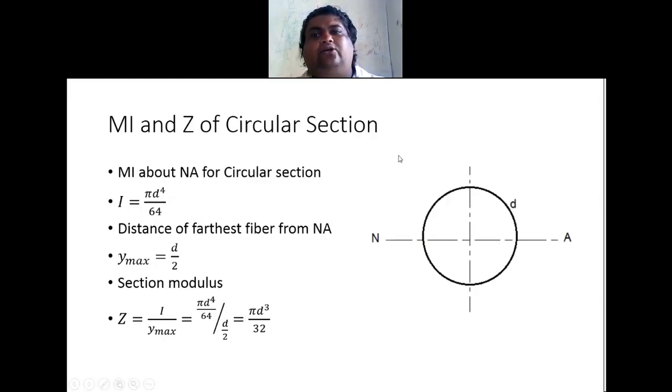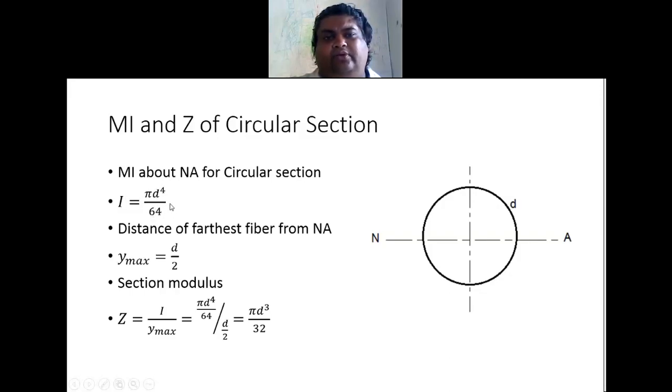This is a circular cross section. We can do a similar derivation by considering an elemental circle at a radius r and thickness dr, finding the moment of inertia of that, and then integrating between 0 and R. That will give you the moment of inertia about the x-axis and y-axis, both of which will be pi d power 4 by 64.